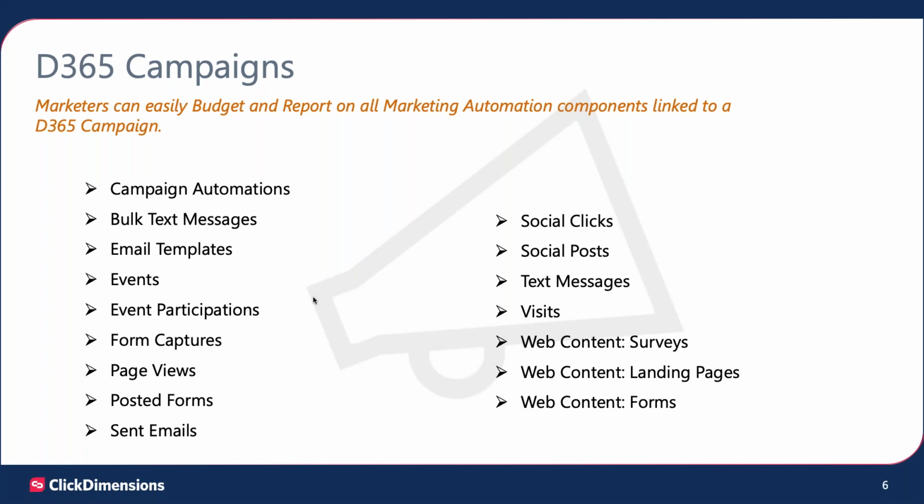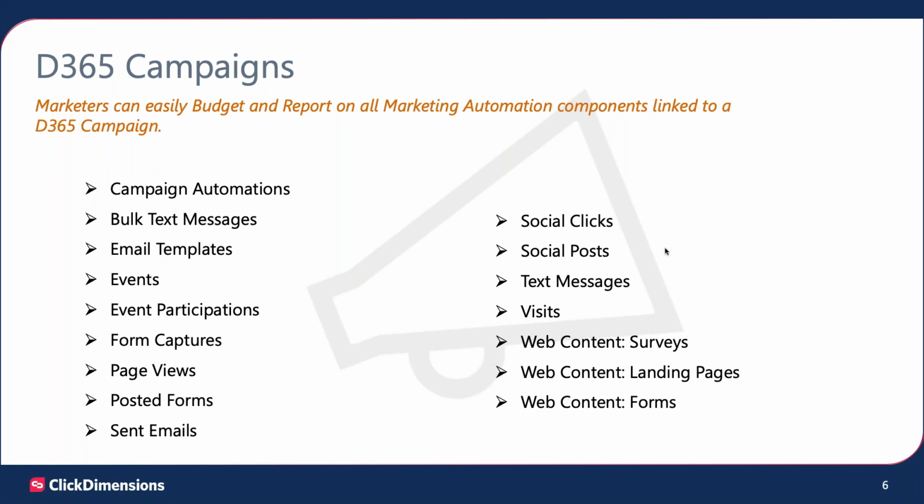And you'll notice all of these various components here, everything from campaign automation, bulk text messages, email templates, events, event participation, form captures, page views, posted forms, sent emails, social clicks, social posts, text messages, visits, web content, surveys, landing pages, and forms can all be assigned to a Dynamics 365 campaign.